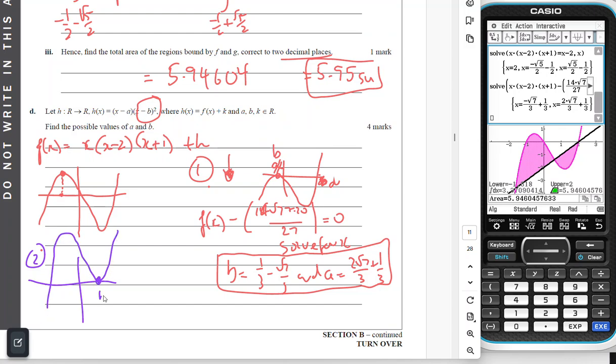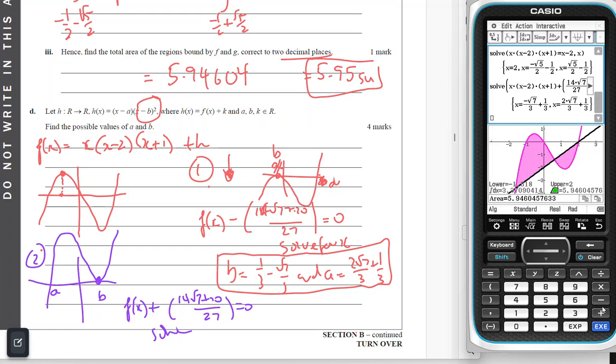and make that my b, and that's going to be a, and that will be f of x plus (14√7 plus 20) on 27. Make that equal 0 and solve for x. So I'm now going to come back up to the same answer and go plus, and it's going to be plus.